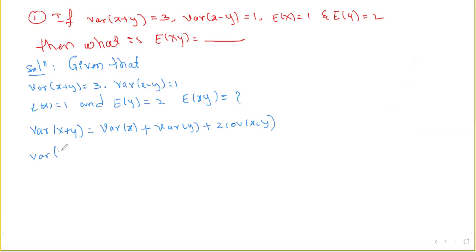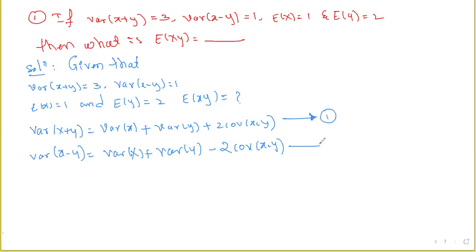Then variance of x minus y, because variance of x plus y is given, variance of x minus y is also given. This is variance of x plus variance of y minus 2 times covariance between x comma y. So consider this as equation 1 and this as equation 2.